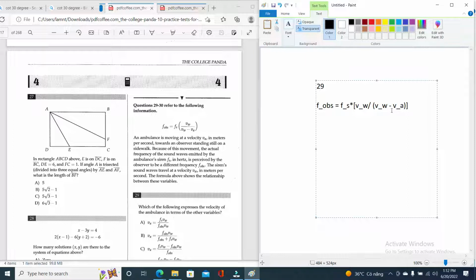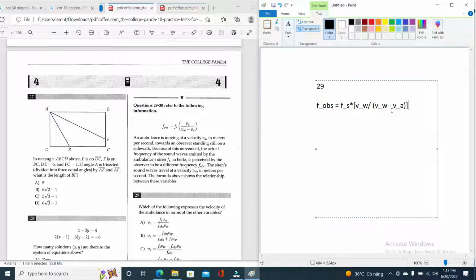Okay, so that's the ambulance moving velocity in meters per second toward the observer standing still on the sidewalk. Because of this movement, the actual frequency of the sound emitted by the ambulance, fs in hertz, is perceived by the observer to be a different frequency, f observed. So the frequency is different due to the observer.